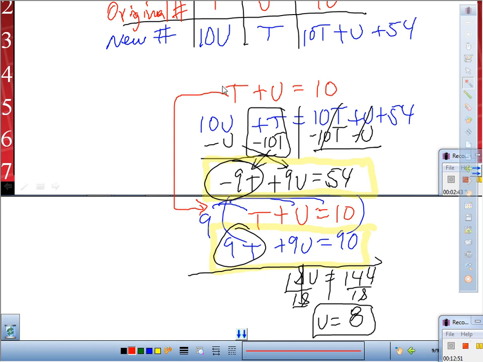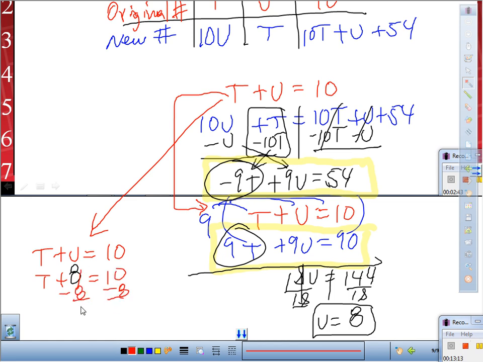So what is my original? T plus U equals 10. But instead of U, we're going to write 8. So we got T plus 8 equals 10, minus 8, minus 8. T equals 2.